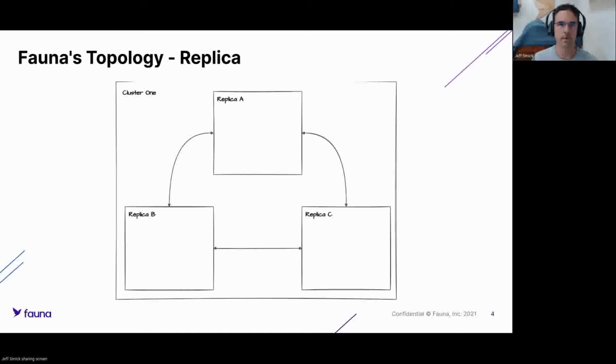We have a few clusters right now. Some of them have replicas just in the US, one just in the EU, and then we have a global cluster. We replicate our data to the West Coast, the East Coast, and the EU for our global cluster, and to the West Coast, central US, and the East Coast for the US cluster.